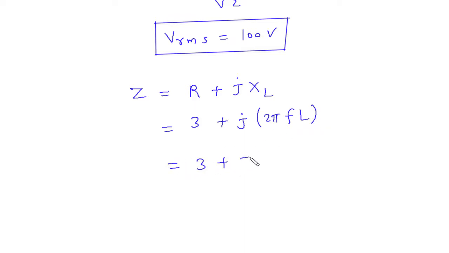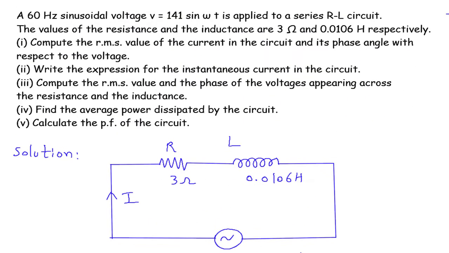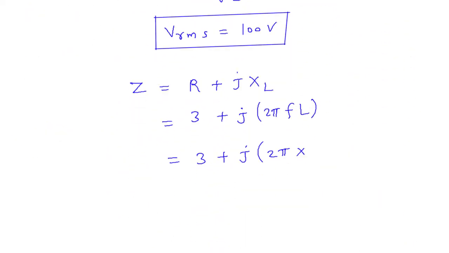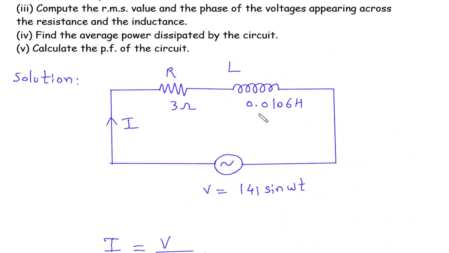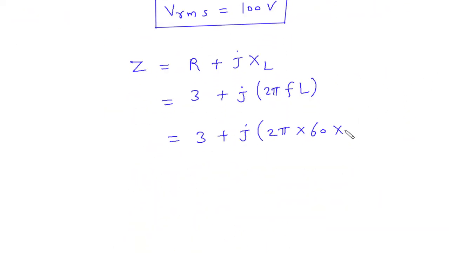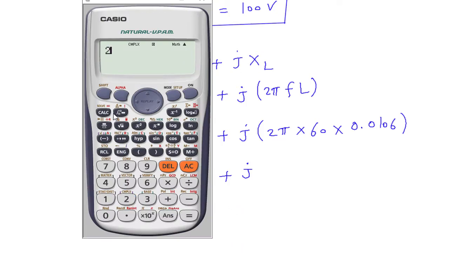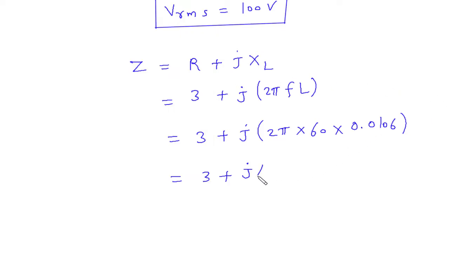So this will be 3 plus j into 2 pi, frequency is 60 Hz, into inductance 0.0106 Henry. So it is 3.99, that is equivalent to 4. So this is the value of Z in rectangular form.